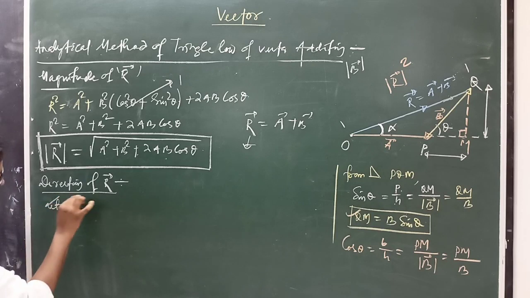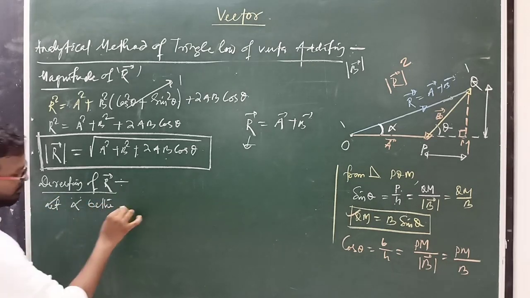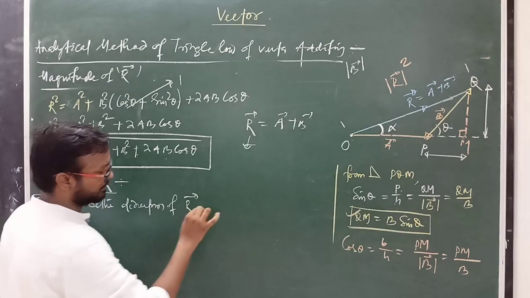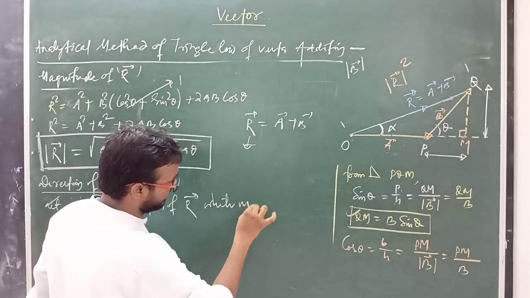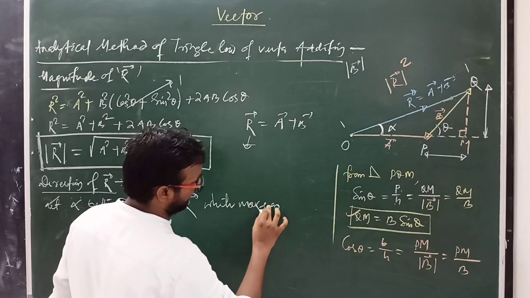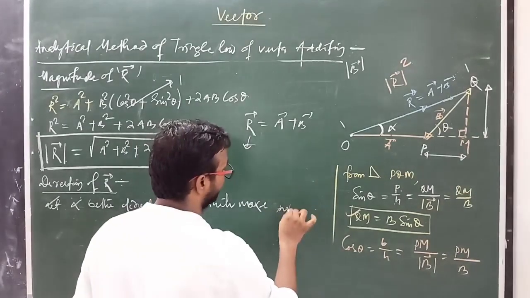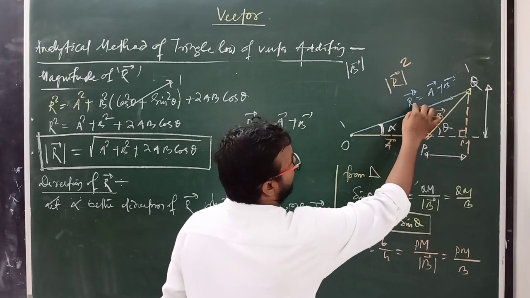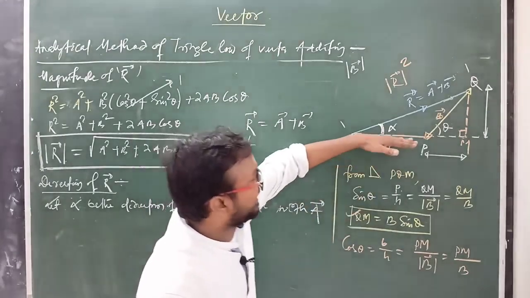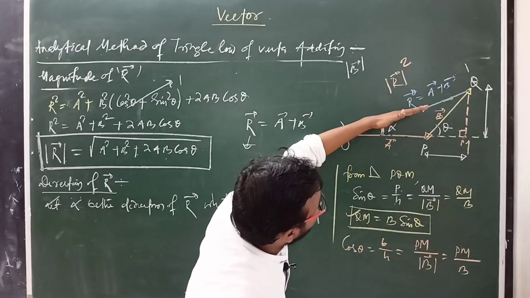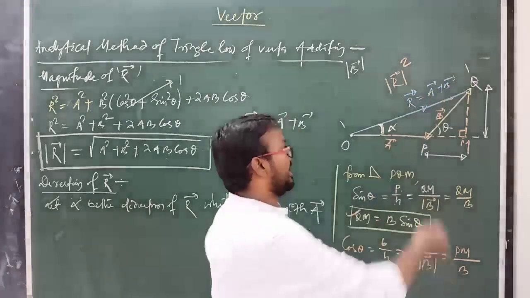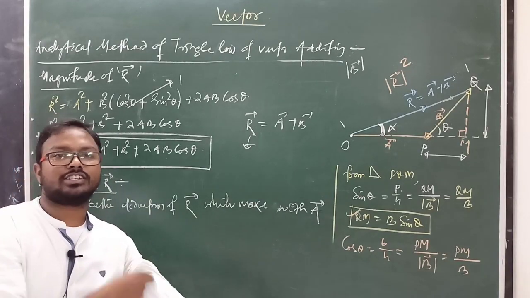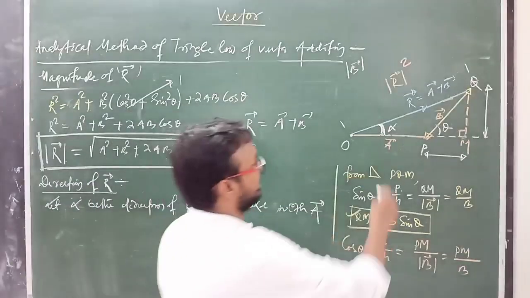Suppose, or let, alpha be the direction of R vector which makes an angle with vector A. Here alpha is the angle between R vector and vector A. If it is A vector, at how many degrees of angle from it does the resultant vector go, that angle is known as alpha. So alpha indicates the direction of the resultant vector. Now we have to find this angle alpha.